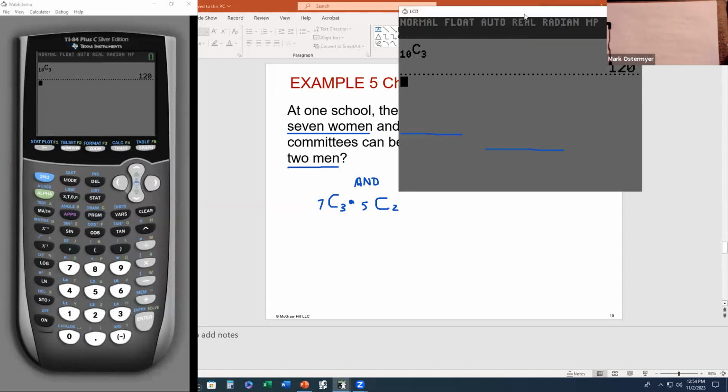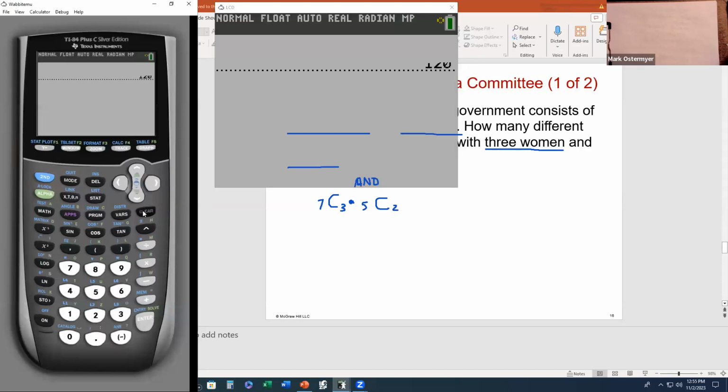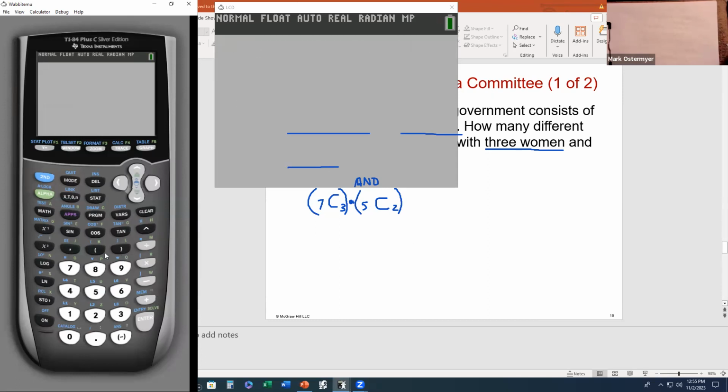Okay, here we go. Now, to be safe, this is what I would recommend. I would recommend you enclose both of these inside parentheses, just to be safe. Doesn't hurt. Let's do that. So I'm going to type in what? Wait a minute, I need a parenthesis.